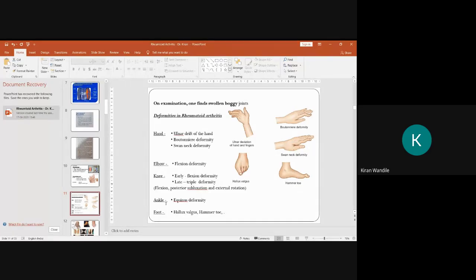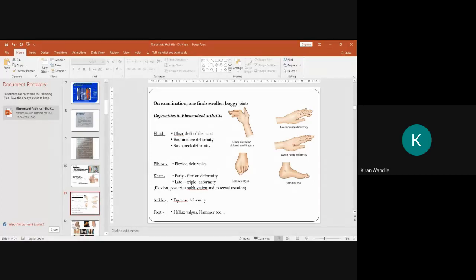Ulnar deviation, the reason is the long extensors which are involved, they are displaced into the ulnar side in between the metacarpal heads.